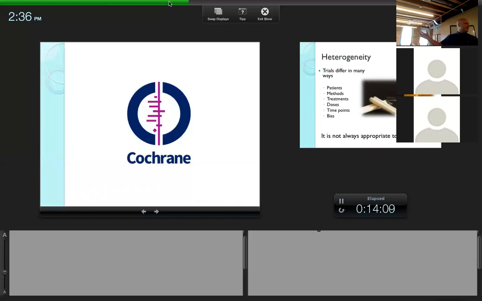This is the Cochrane logo, the new one, same as the old one, but nicer colors. And what's that in the middle of it? It's a forest plot, right? But it's not just a picture of a forest plot. It's an actual forest plot of perinatal steroids for preventing respiratory distress in premature children.